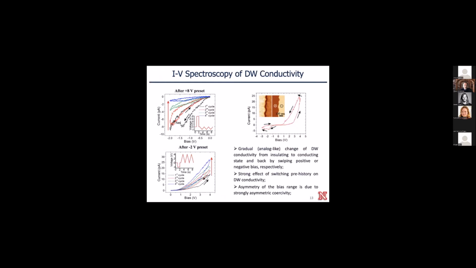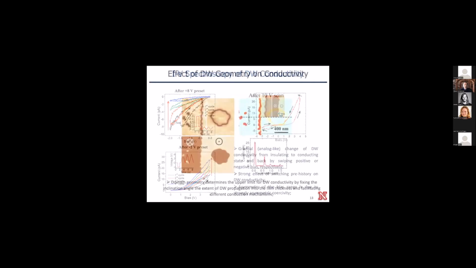And on the left, you can see these consecutive IV cycles within a voltage range that incorporates positive and negative voltages, and from cycle to cycle, the conductivity of the domain wall is changing, which is an indication that it depends on the prehistory of what was done to the domain wall before the conductivity was tested. So it's a clear manifestation of memristive behavior in these objects.